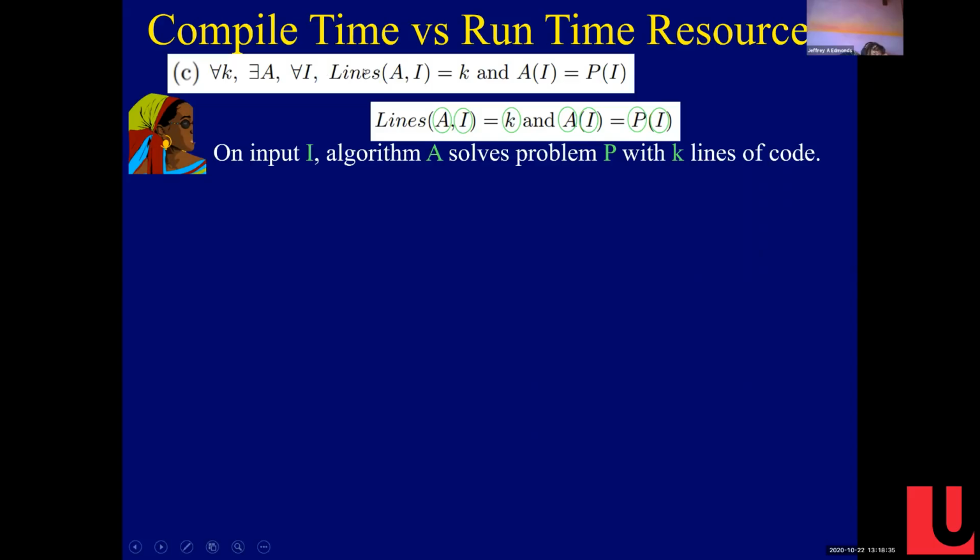So is this sentence true for K equals 2? Does there exist an algorithm that solves the sorting problem that has only 2 lines of code? No. That's why it's false. Okay, got it. Thank you.